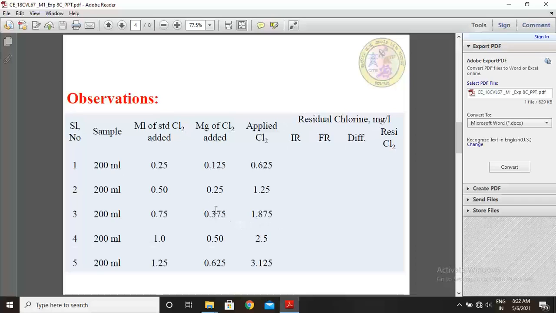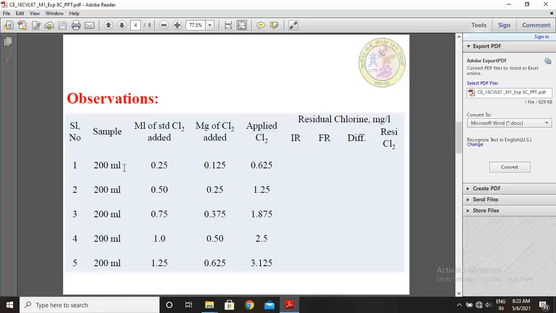Observations. Here the tabular column is given for observations: serial number, sample, ml of standard chlorine added, milligram of chlorine added (applied chlorine), and residual chlorine in milligram. Here initial reading, final reading, and difference, and this column is expressed in terms of residual chlorine.